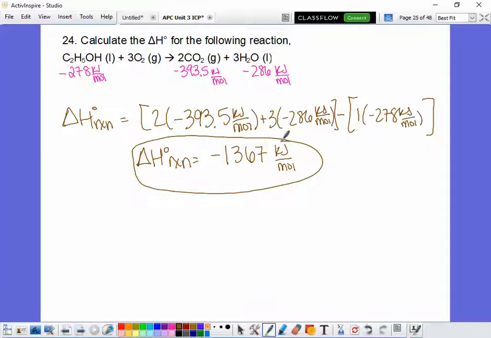It could have been that you just typed it in wrong. I strongly encourage you not to be doing these calculations on your phones and to be doing them on a calculator similar to one you'll be using on the AP exam or on a test. Okay?